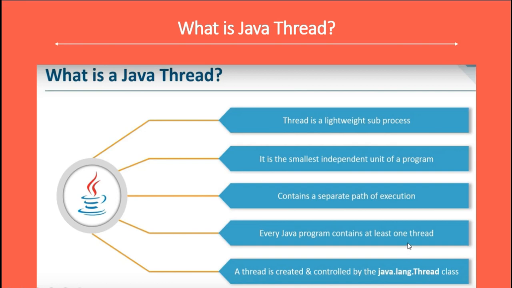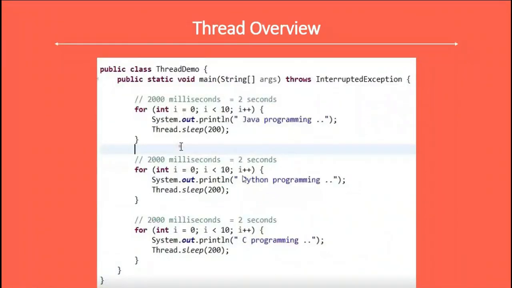Let's understand a little bit more with an example. Consider this simple Java program. It has 3 for loops, and each for loop takes 2 seconds for its execution. This is sequential execution. First this for loop will execute and complete, and then only the second for loop will start, and once the second for loop completes, then only the third for loop will start and complete.